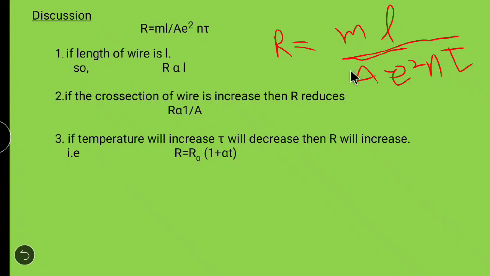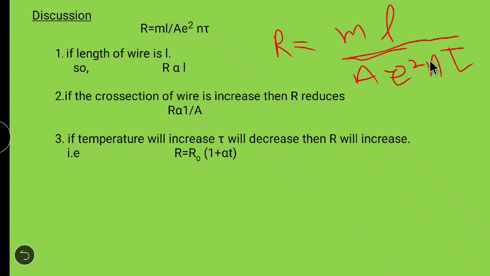When you will increase the cross sectional area of the wire, then R will decrease, because R is inversely proportional to A. Now students, m, mass of the electron, charge on electron, that is e, and number density, number of electrons per unit volume.